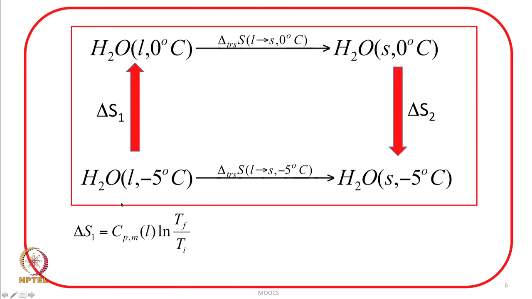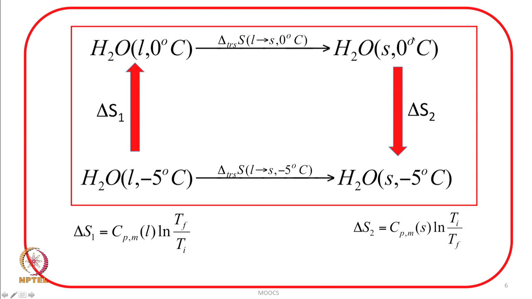For this process, as we just discussed, we can use Cp of liquid into log T final, where F here means freezing point, over T initial. T initial we will substitute later as minus 5 degrees Celsius.